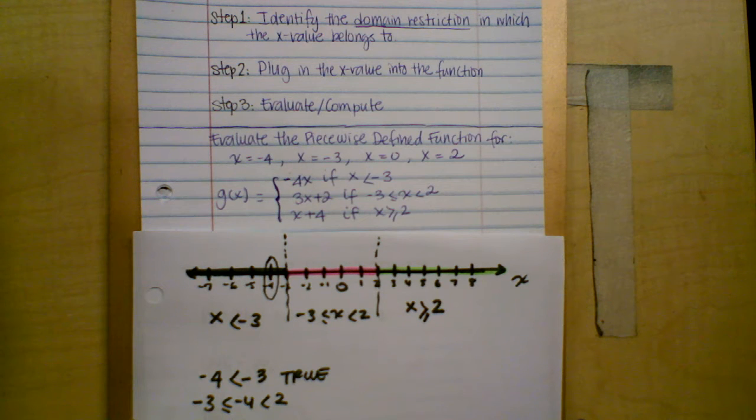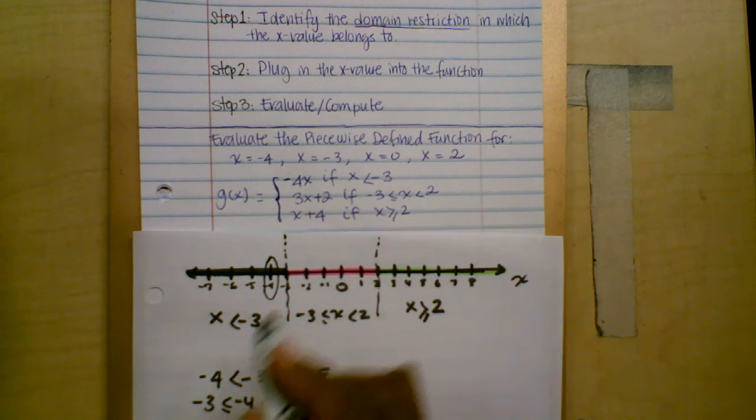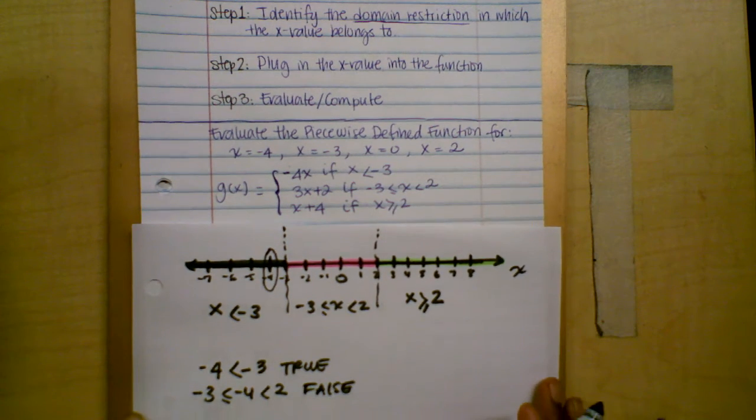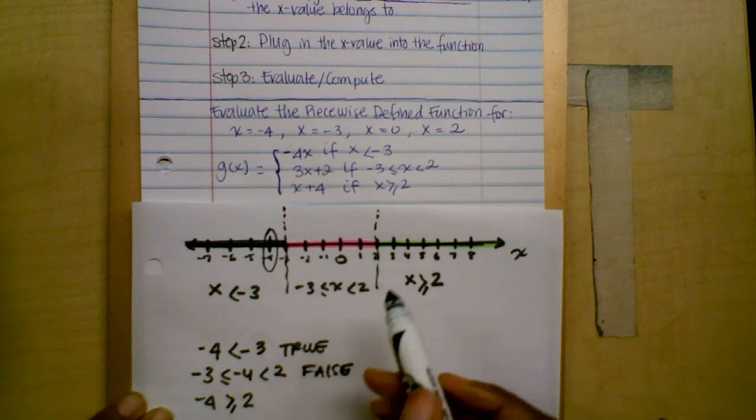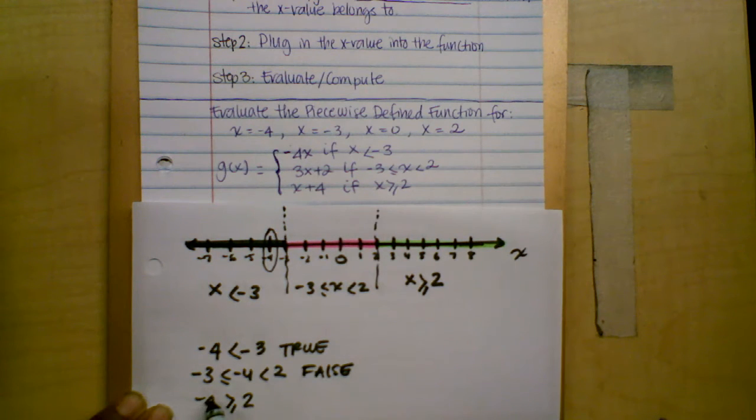No, it's not true, it's false. It doesn't make the inequality true. If I plug -4 into the last inequality, you have -4 is greater than or equal to 2. Does it make this inequality true? No, because -4 is less than 2, so it's false. Always false, never true.